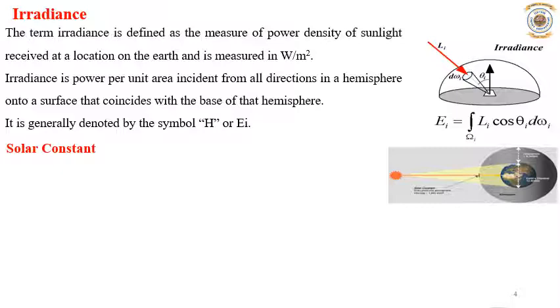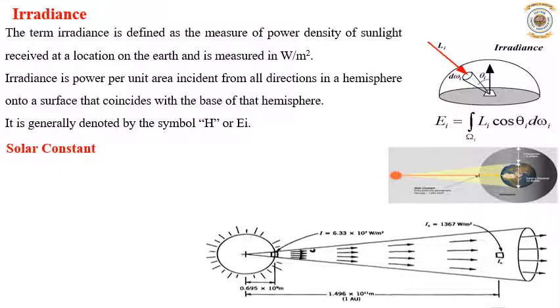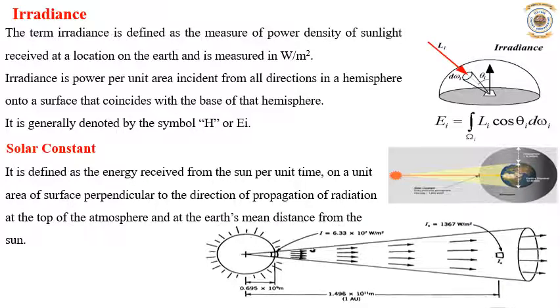Okay, so the rate at which solar energy is received at the top of the atmosphere is called the solar constant.